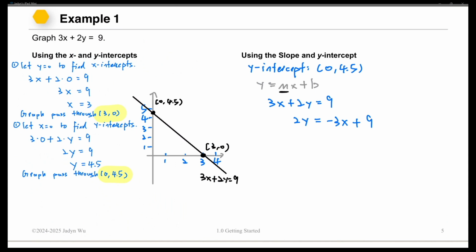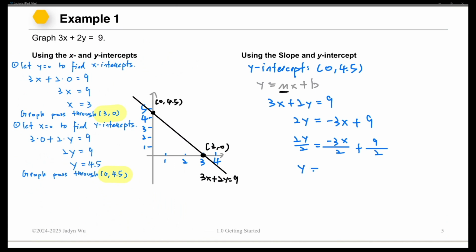And we want to remove the factor of 2, or the coefficient in front of the y value. Now we need to divide all terms by 2 to simplify the coefficient for y.